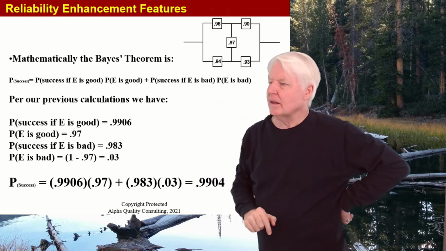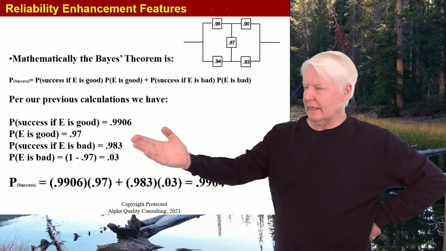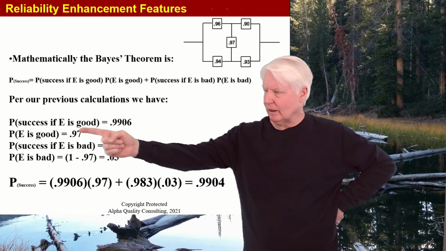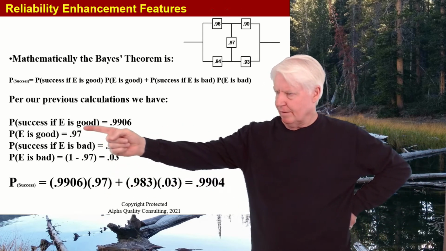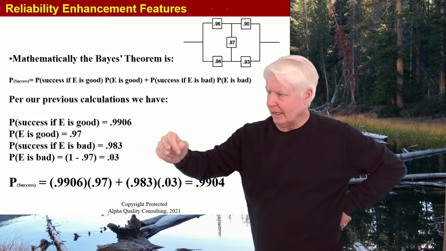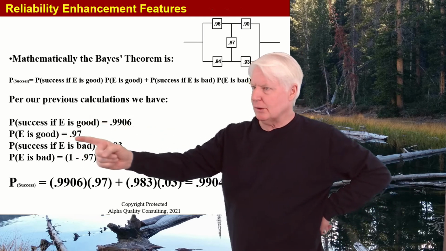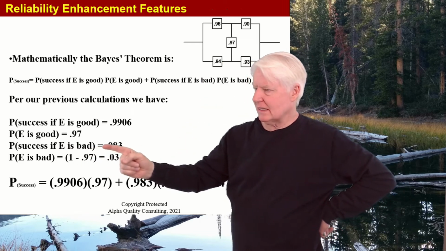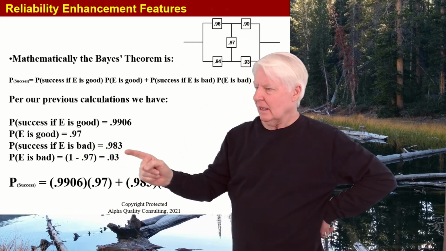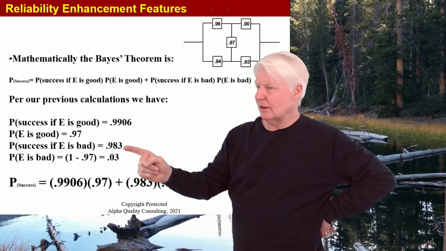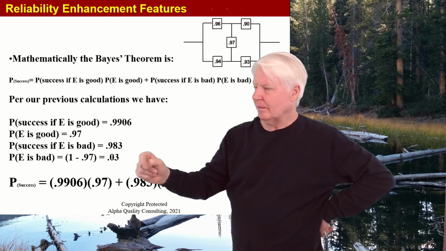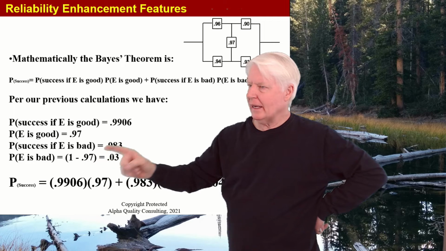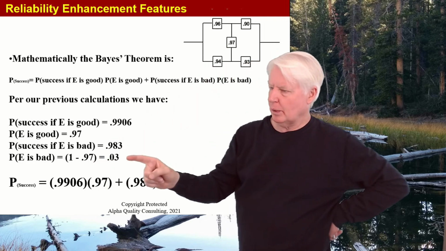That's all you need to do. We already calculated the probability of success if the enhancement is good, 0.9906. The probability the enhancement is good is 0.97. The probability of success if E is bad is 0.983, which we already calculated. And the probability E is bad is 1 minus 0.97, or 0.03.